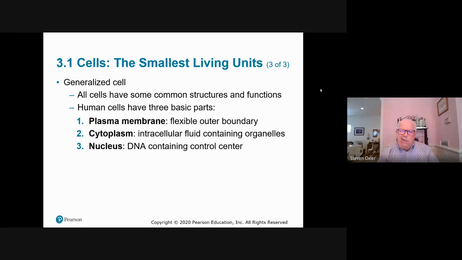Then on Wednesday, we will talk about the cytoplasm and the organelles that this fluid contains, and we'll also talk about the nucleus, where the DNA is, where the control center of your cell is. So know the plasma membrane, cytoplasm, and the nucleus.